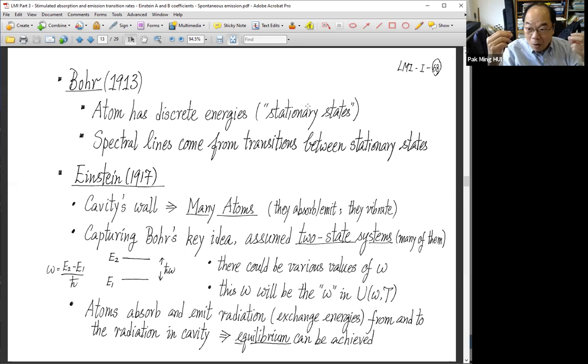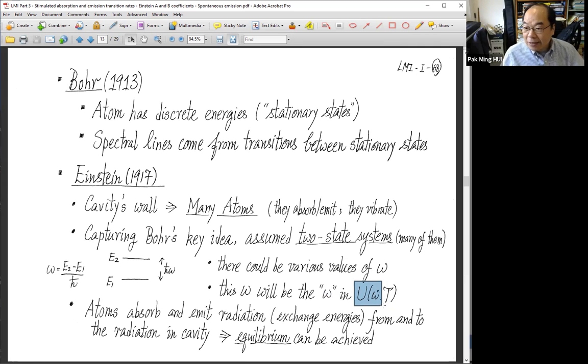To make the whole thing simpler, let's consider a particular atom with two states. So two level atoms again. So we have E1, E2. The omega between them is E2 minus E1 divided by h bar. And now it is interacting with an EM wave background, and this omega will have an intensity in the EM wave given by U of omega.